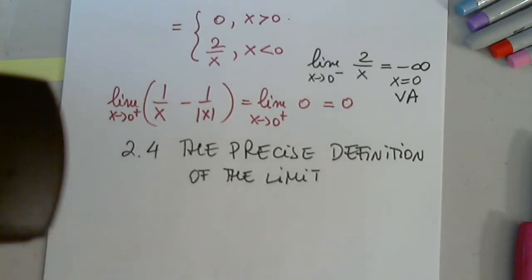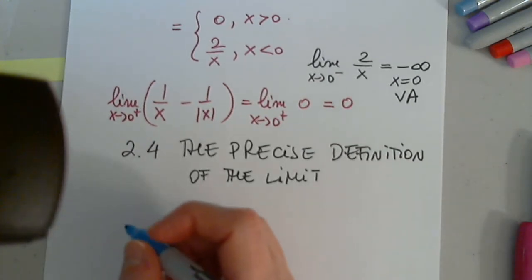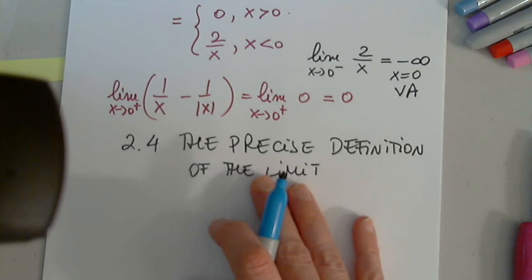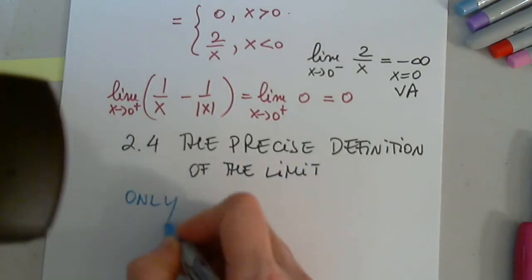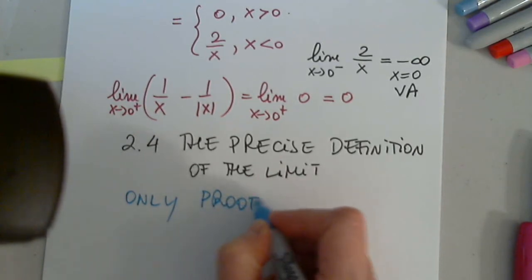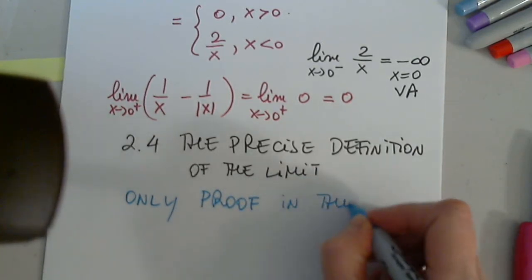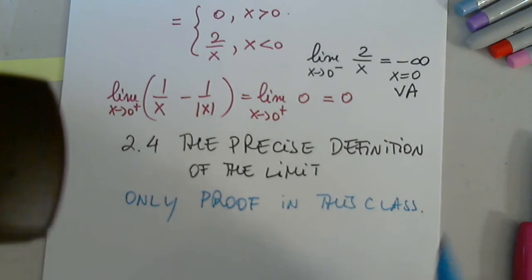So the precise definition of the limit. Why do we need this? Well, this is the only proof in this class. Initially, it will sound and look very difficult. It really isn't.